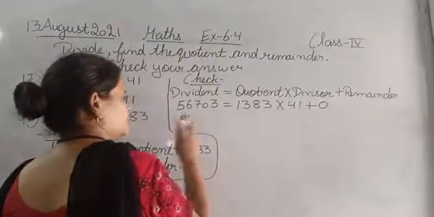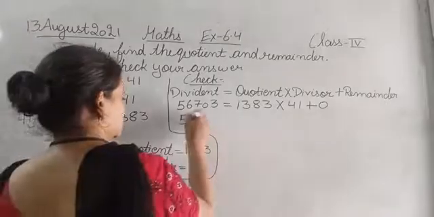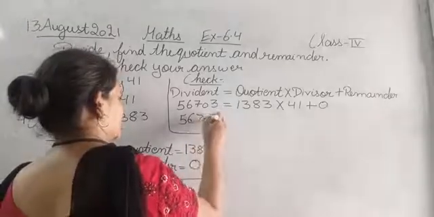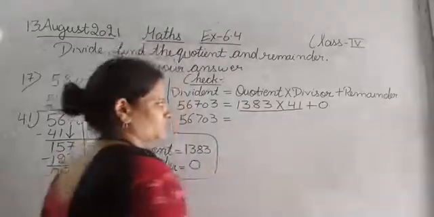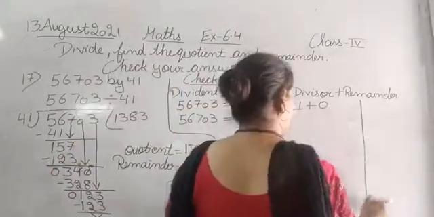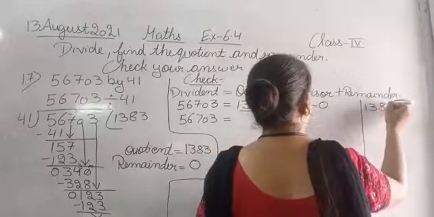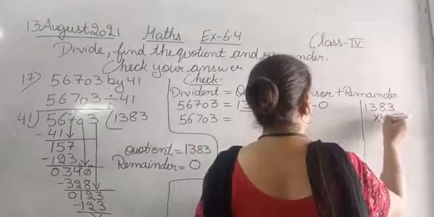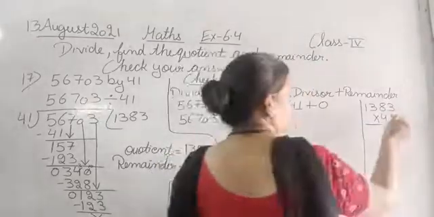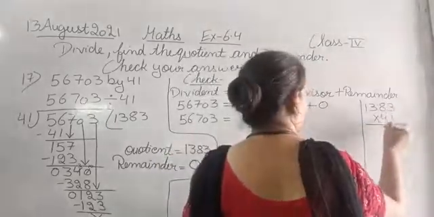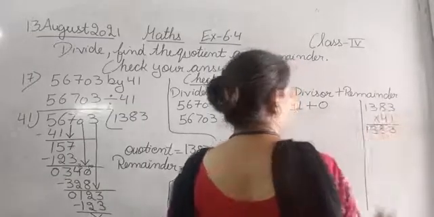Now we have to do the calculation. First of all, let's multiply these two, and that we can do in the rough and show it as well. 1,383 multiplied by 41. 1 3s are 3, 1 8s are 8, 1 3s are 3, 1 1s are 1.